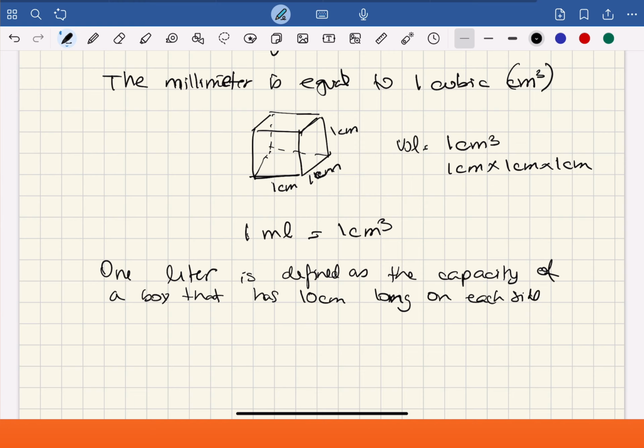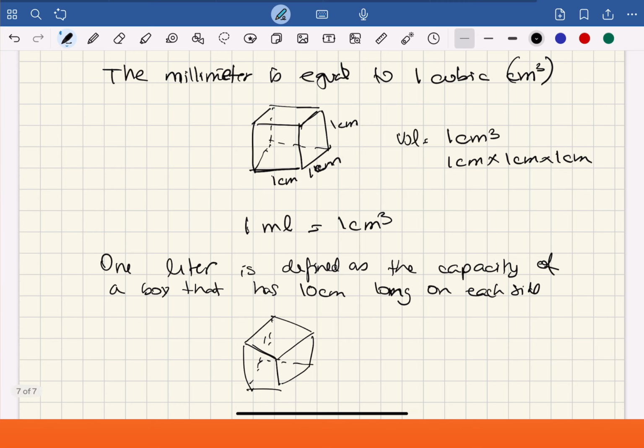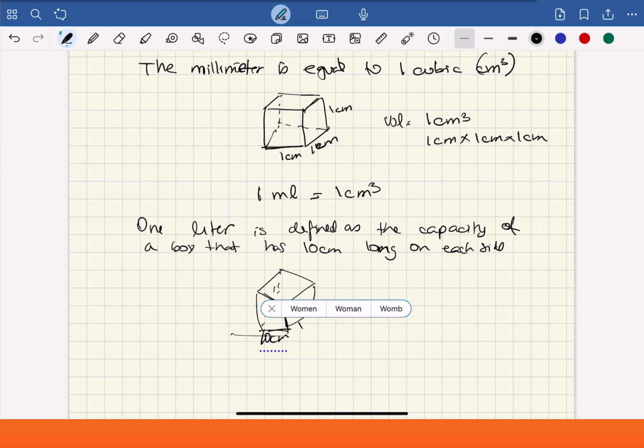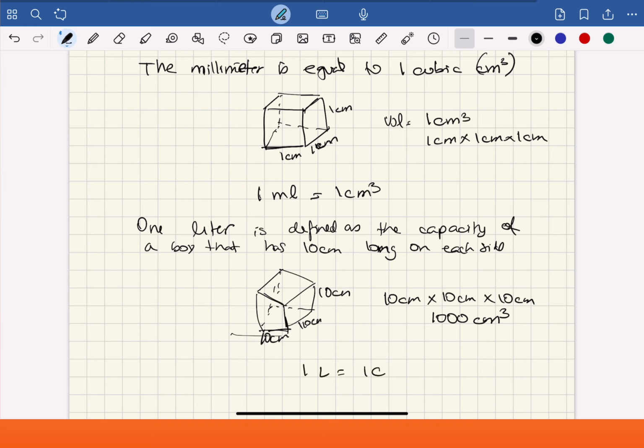For example, let me just draw my cube. Okay, terrible cube. But anyways, if you have 10 centimeters, 10 centimeters, and 10 centimeters, the volume for that cube would be 10 centimeters times 10 centimeters times 10 centimeters, which would equal 1,000 centimeters cubed, and 1 liter is equal to 1,000 centimeters cubed, okay.